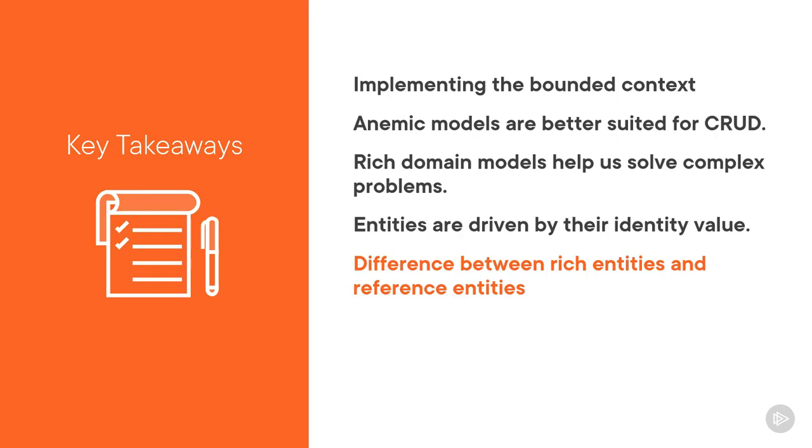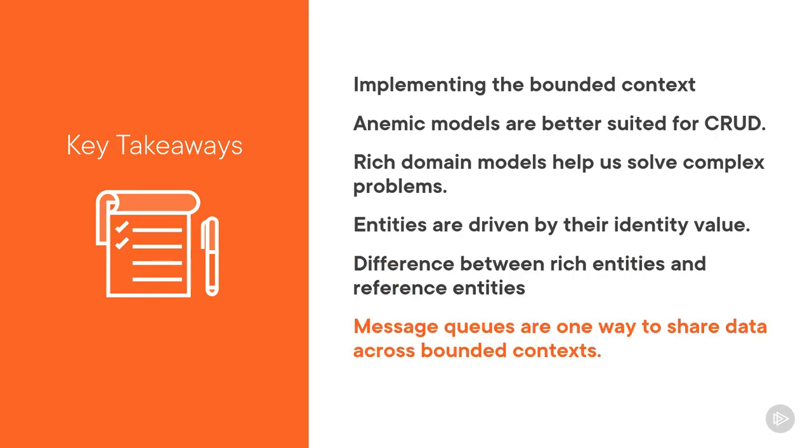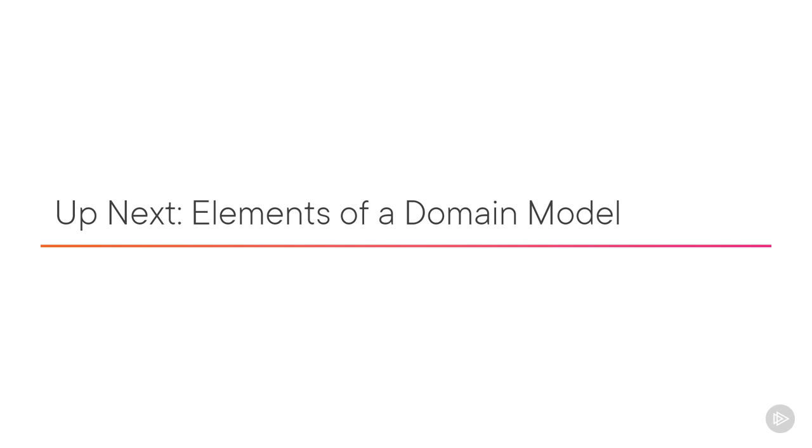You also looked at one of the reference entities and learned how we use message queues to ensure the reference entity data that is maintained in the clinic management app is made available to the scheduling bounded context even though they do not share a database. In the next module, we'll focus on some more important elements of a domain model: value objects and domain services.